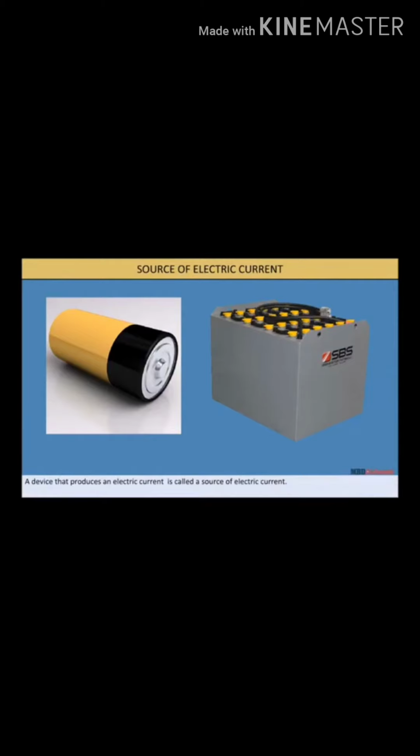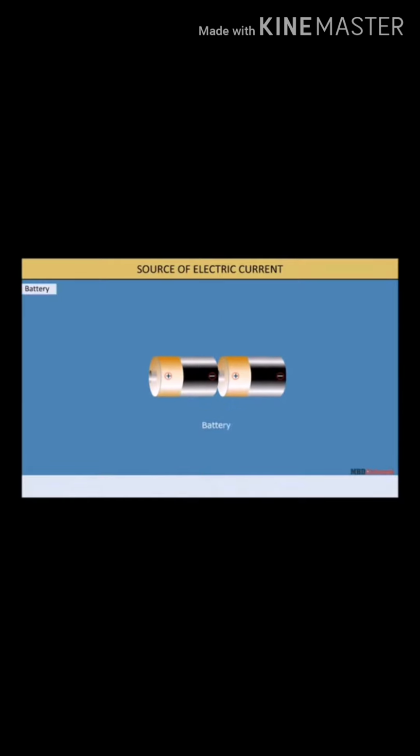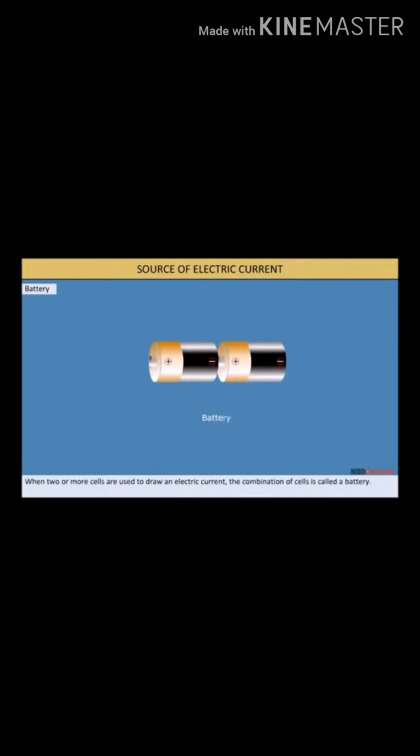Next is source of electric current. A device that produces electric current is called source of electric current. Examples are cells, batteries, etc. Battery. When two or more cells are used to draw an electric current, that combination of cells is called battery. In battery, the positive terminal of one cell is connected to the negative terminal of the next cell.